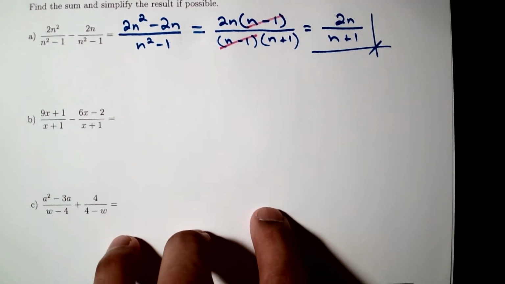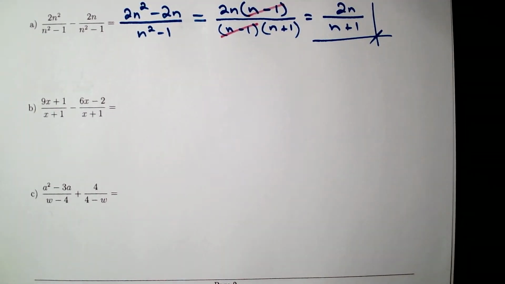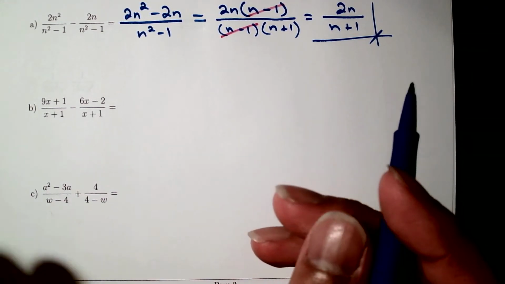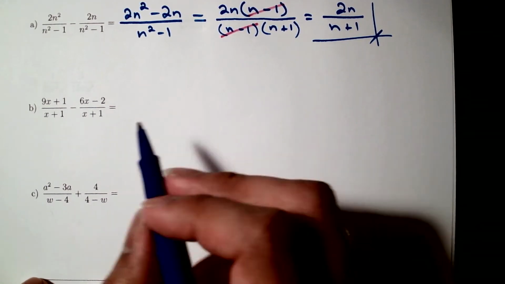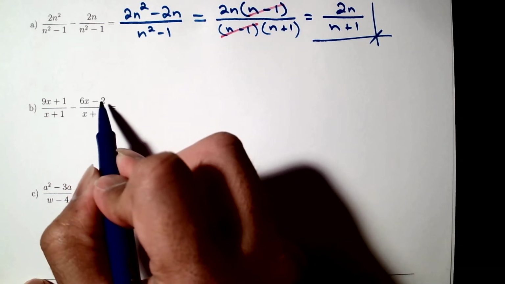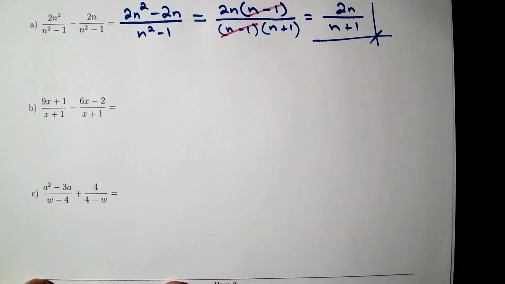Let's look at another example, letter B. So 9x plus 1 over x plus 1 minus 6x minus 2 divided by x plus 1.